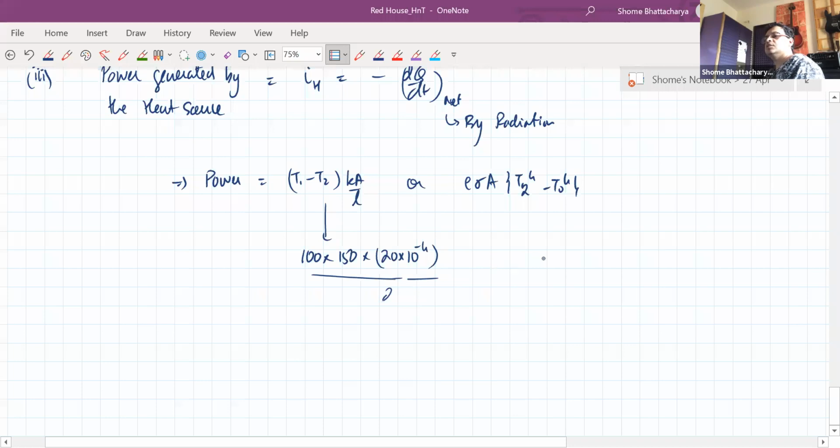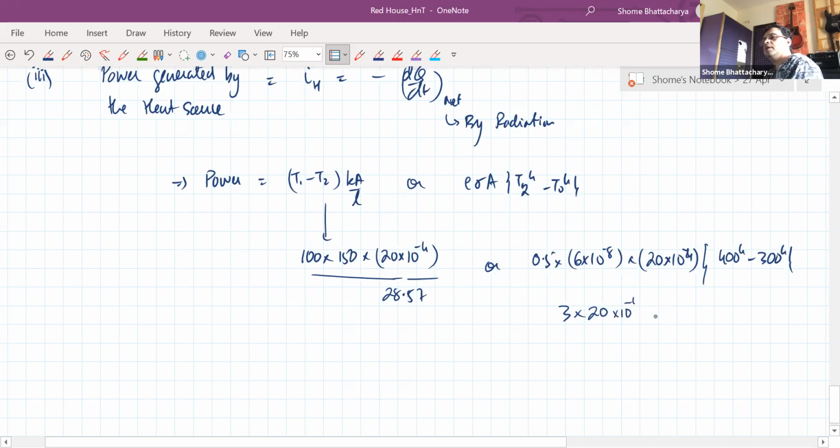Or that's the same thing as, if I go by this, 3 into 20 into 10 raised to the power minus 4, into 175.